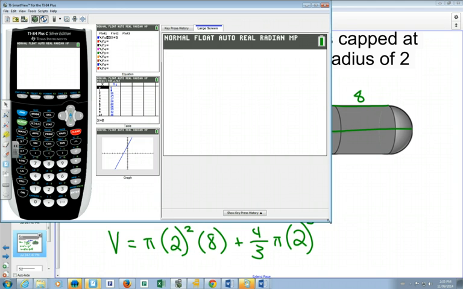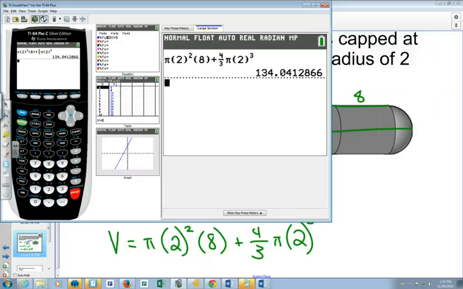I'm going to even use the fraction button for the 4/3 because it's really nice when what you write in your calculator is exactly what you have on your piece of paper. Because then you know when you push enter that you've got the right answer.